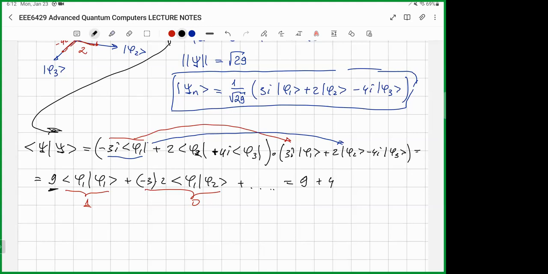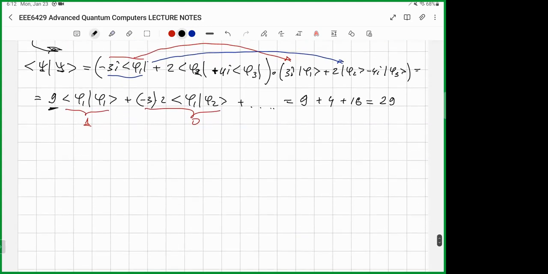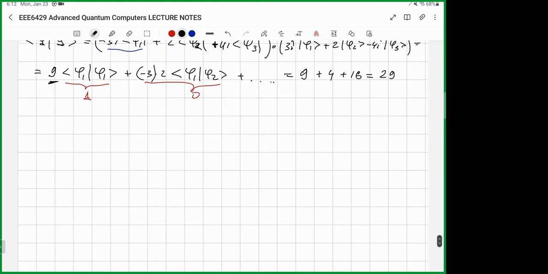And then finally phi3 by phi3 is 1, but 4i times minus 4i is equal to 16. So it's plus 16, right? So it's 29. Okay. So this is basically how we write the products.